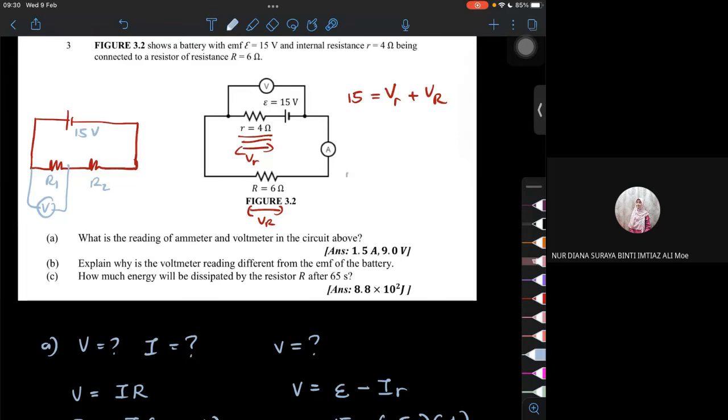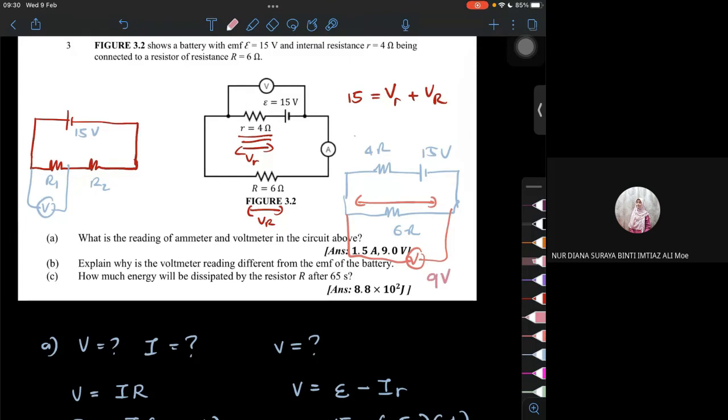Okay, contohlah. Okay, if I buat macam ni. Okay, so tadi the voltmeter is here. So basically we find the voltage across this resistor 6 ohm, which is sama dengan 9 volt.